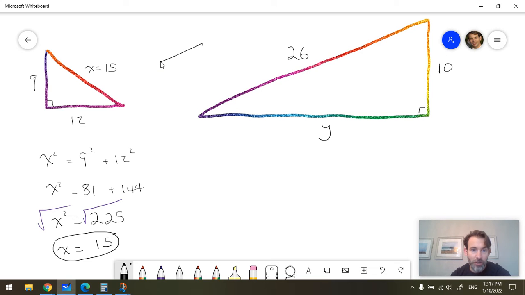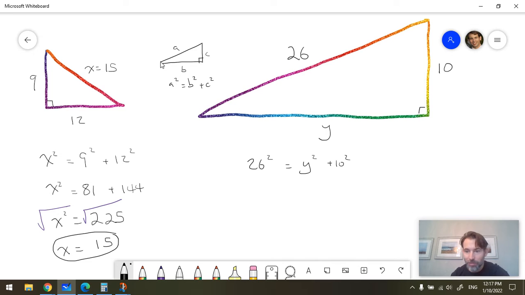Because when I have a right angle triangle with sides A, B, and C, then A squared would be equal to B squared plus C squared. The hypotenuse is always the one that's alone, and then you take the square of the two legs, add them together, that's the square of the hypotenuse. So in this case, 26 squared is equal to y squared plus 10 squared.